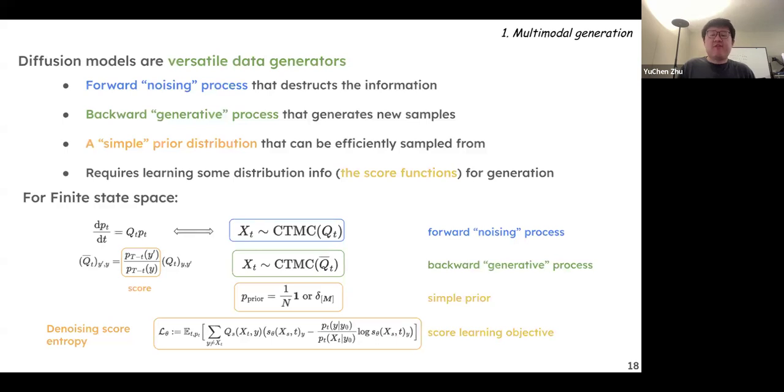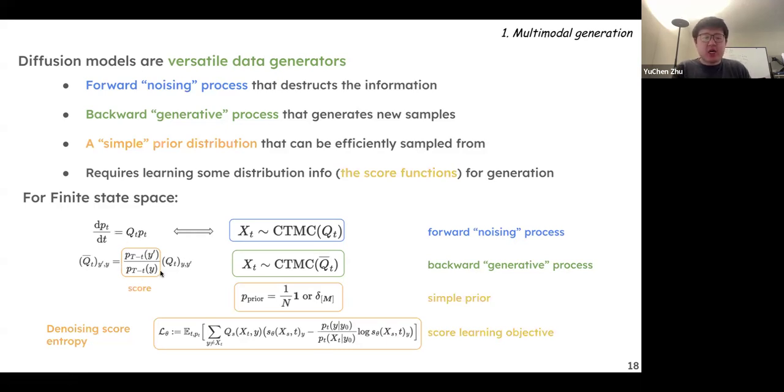Fortunately, for this we can also derive its backward process, which again is a different continuous time Markov chain, just with a modified transition rate. We can in fact compute that in order for this to be the time reversal of the forward process, the transition rate just needs to satisfy a simple equation, where the modified transition rate can be computed using the ratio of the distribution of the forward process between two different states and the transition rate of the forward process.